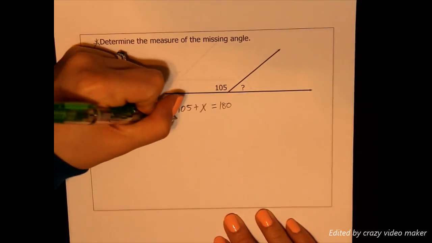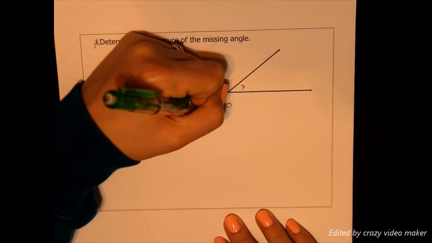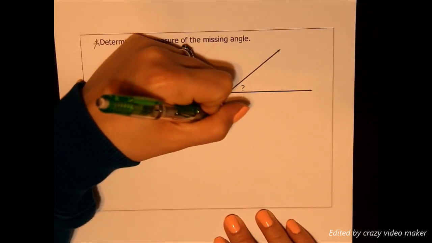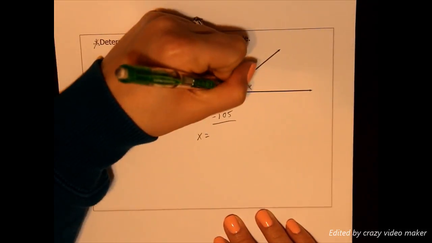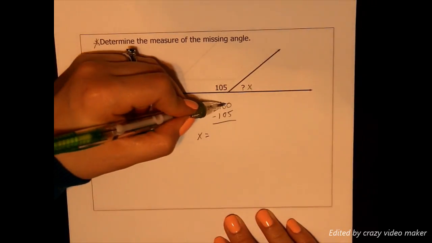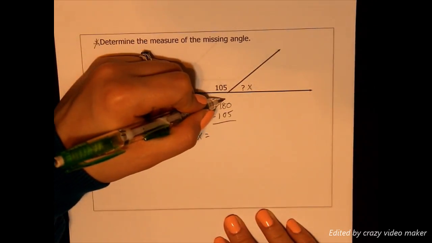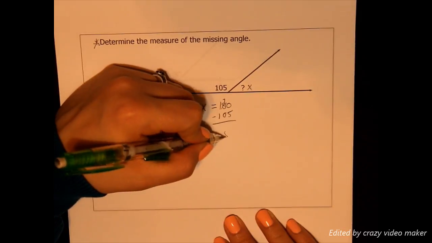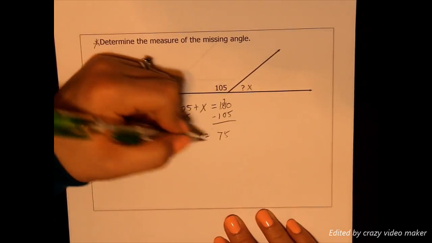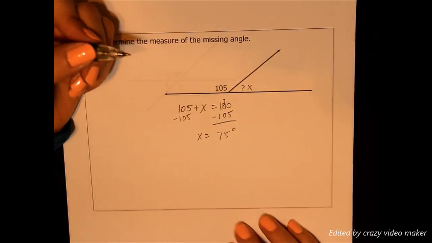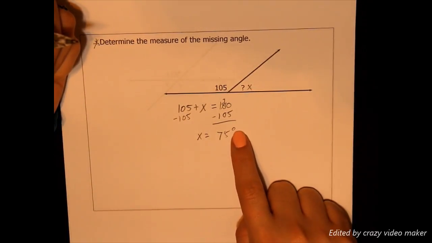And so what you do, you just subtract 105. Okay, so you know that your angle, and we're just going to call it x, okay? Subtract 105 from 180. 10 minus 5 is 5, 7 minus 0 is 7. So the measure of angle x is 75 degrees. And remember, when you're doing angles, you have to put degrees there.